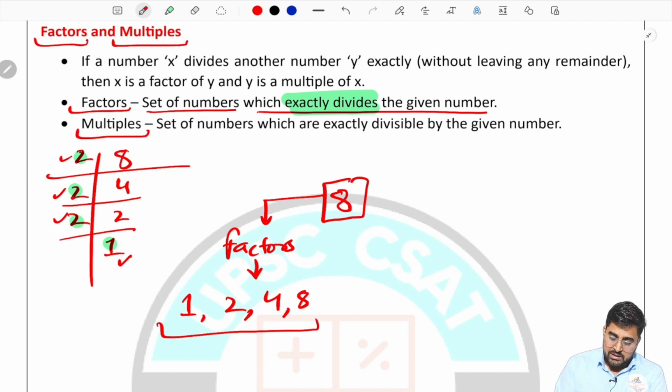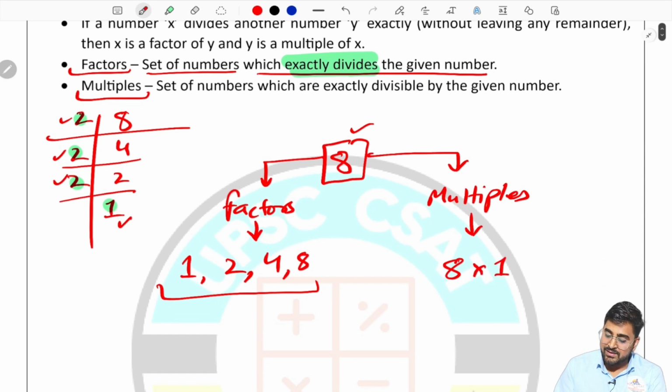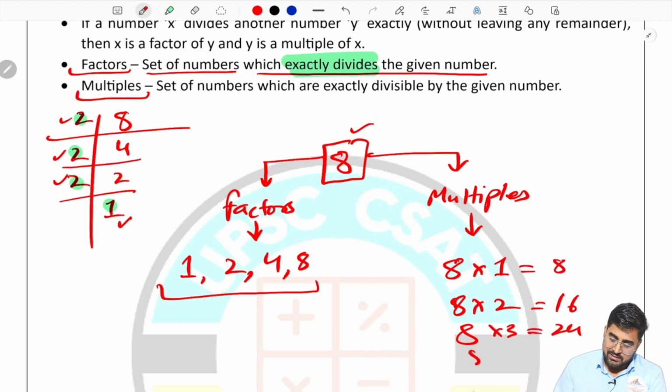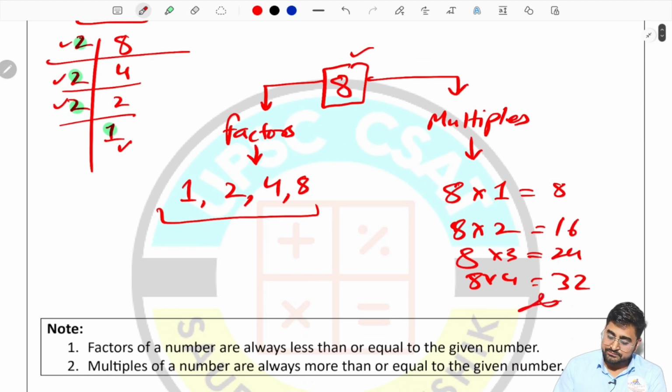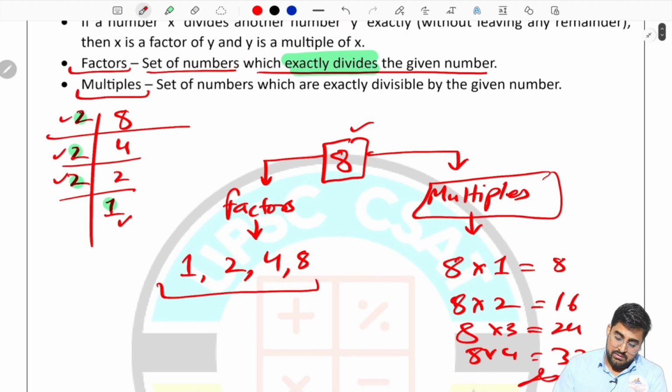Now what are the multiples? A set of numbers which are exactly divisible by the given number. The given number here is 8. Now we are talking about the multiples. It's a basic thing. 8 into 1, 8. 8 into 2, 16. 8 into 3, 24. 8 into 4, 32, and so on. So these are the multiples.